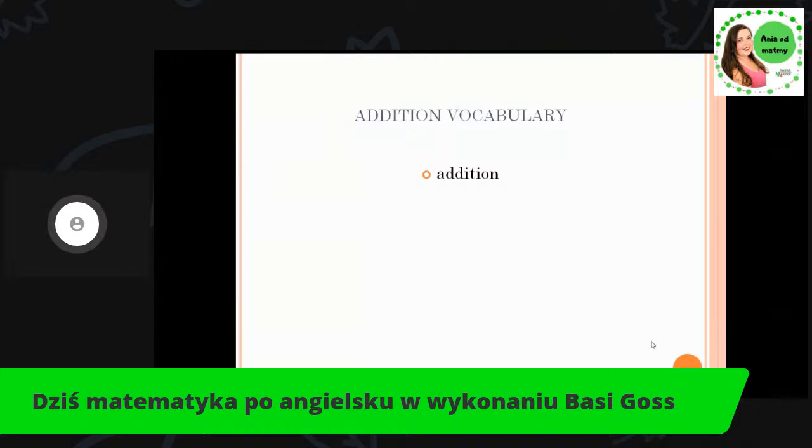Can you please write the words that we can use for addition in comments? I'm waiting for your comments. Got a little bit of delay.